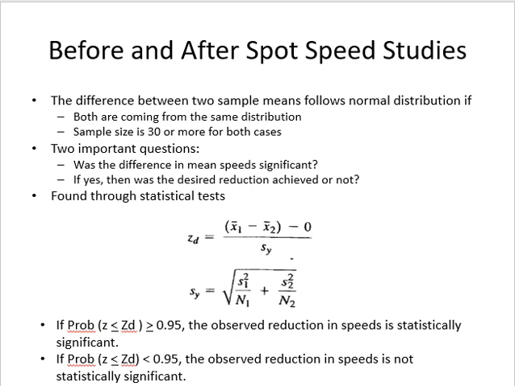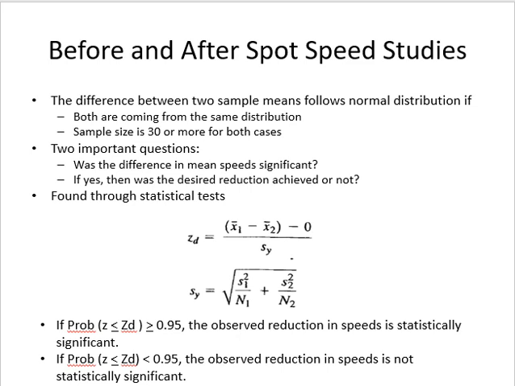But the problem is, you collected spot speed data before and you found the mean to be 40 miles, for example, or 80 kilometers per hour, let's say. The before mean was 80 kilometers per hour, and the after is 78.